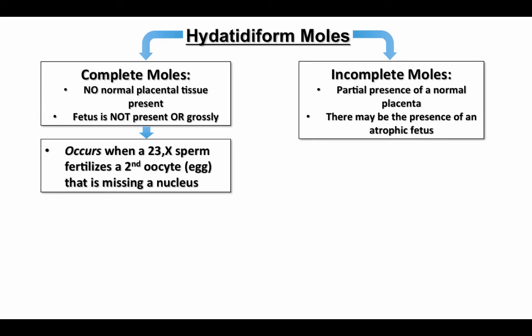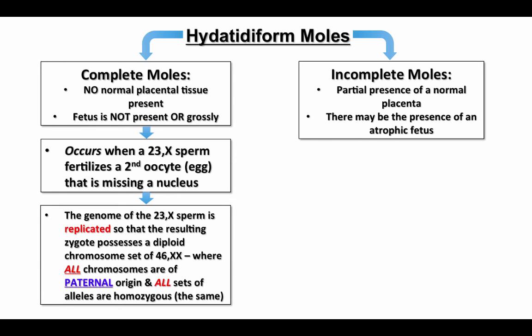Complete moles, which weren't mentioned previously, occur when a normal 23 chromosome sperm fertilizes a secondary oocyte or egg that's missing a nucleus. And as a result, the genome of that 23X sperm is replicated so that the resulting zygote still has a diploid chromosome set of 46 chromosomes with double X for the sex chromosomes.